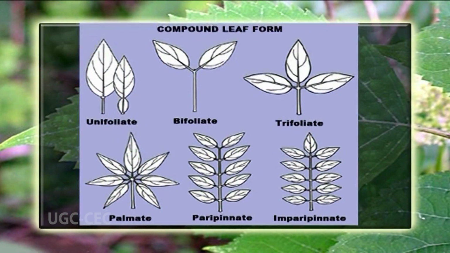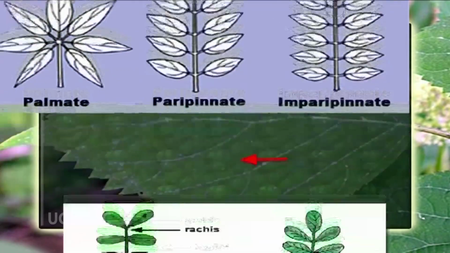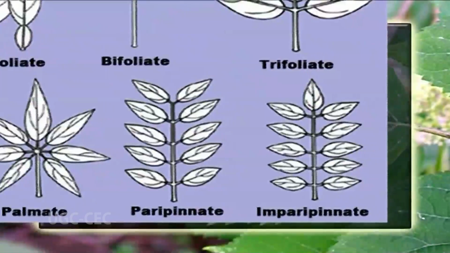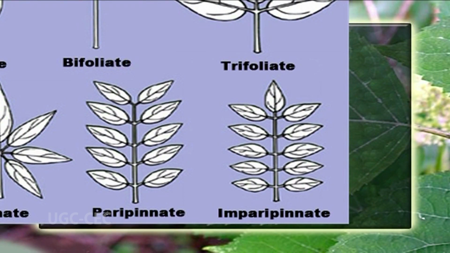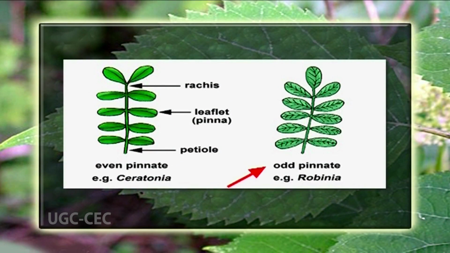Unipinnate leaves are of 2 types. Number 1, paripinnate. That is a unipinnate leaf with an even number of leaflets. For example in Tamarindus indica, Acacia, etc. Now, imparipinnate leaf. That is a unipinnate leaf with an odd number of leaflets. For example, neem, rose, etc.